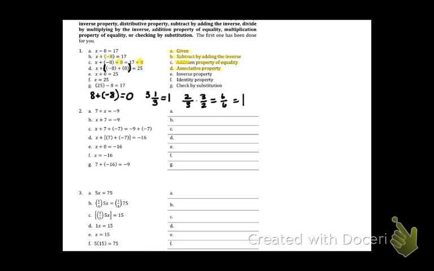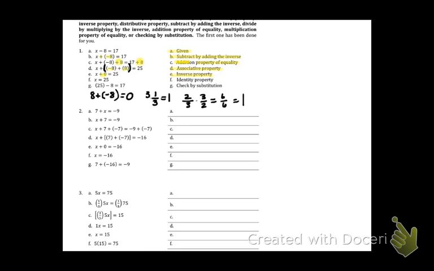Here it's an additive inverse, -8 and +8, and they equal 0. So we're using the inverse property. From step E to step F, we have x plus 0 equals 25. And when you add 0 to a number, it retains its identity.